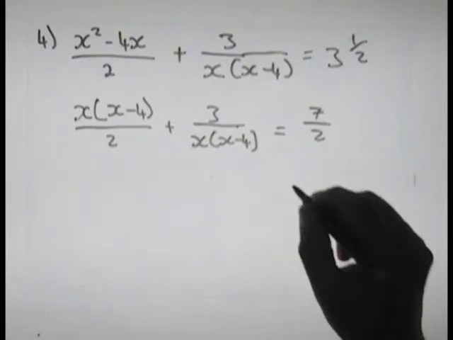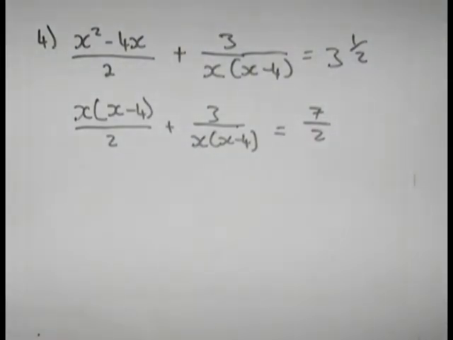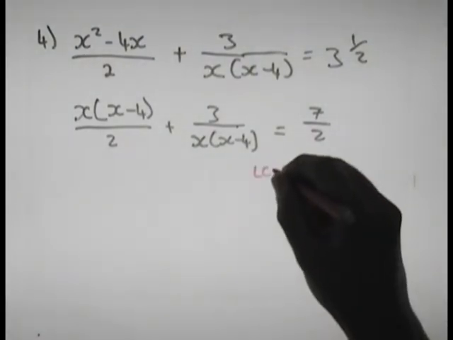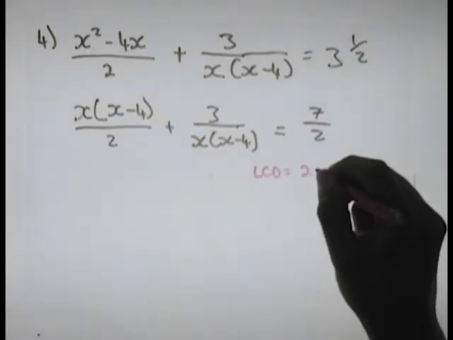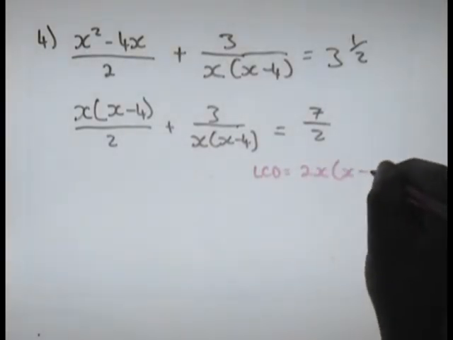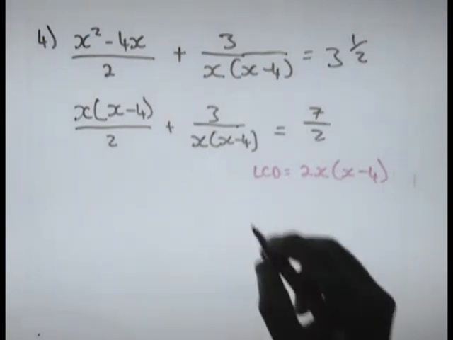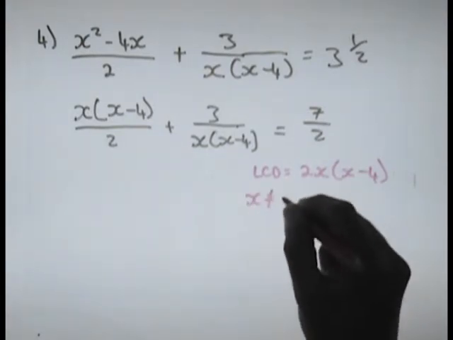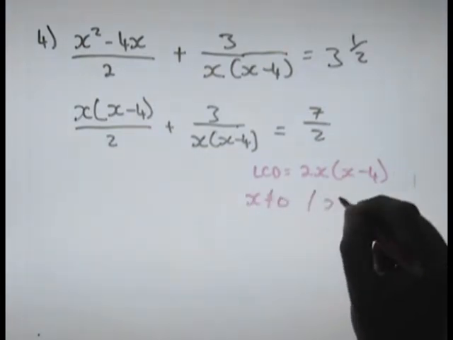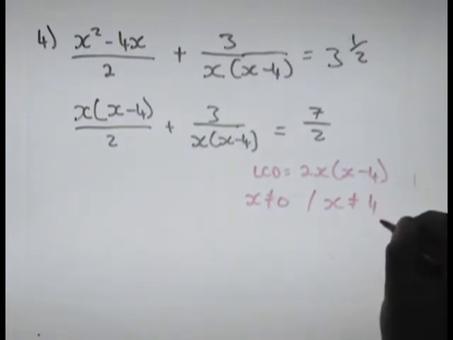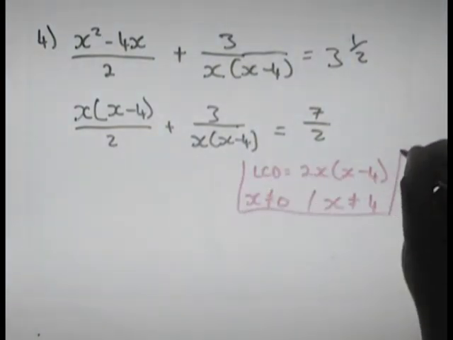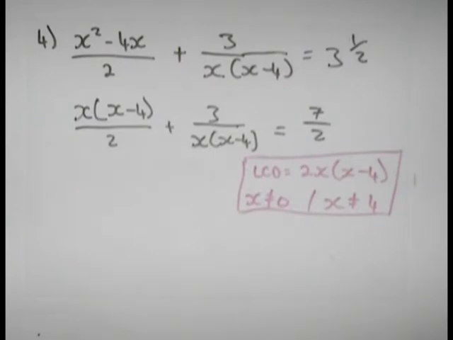That means that in this case here, our LCD is equal to 2 times (x minus 4), which means that x cannot equal 0 and x cannot equal positive 4, because that makes our denominator 0, which has no real solution. That's our LCD.